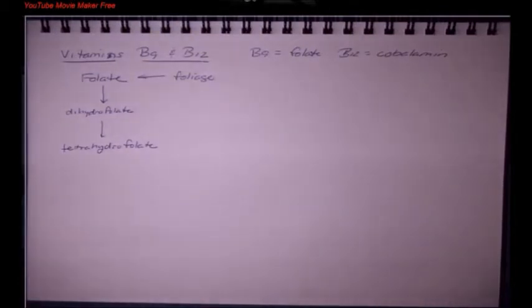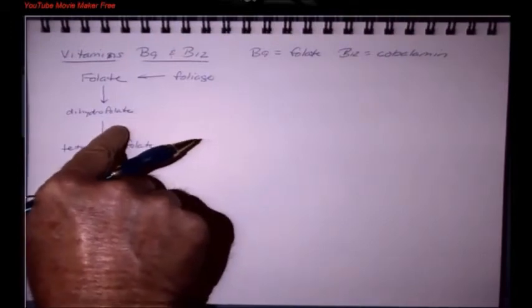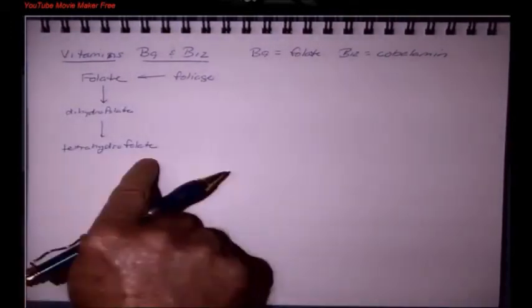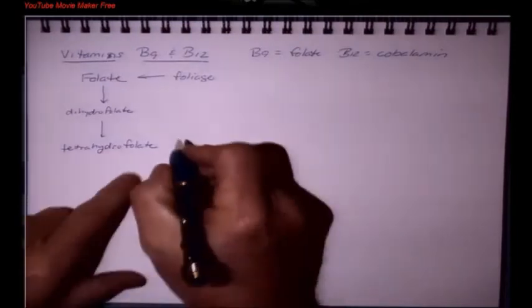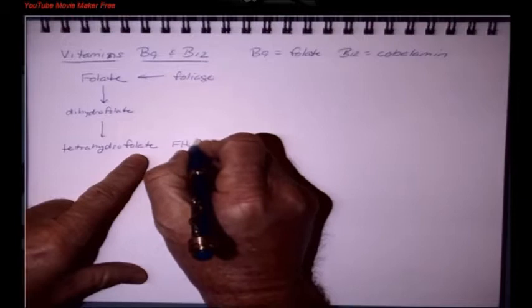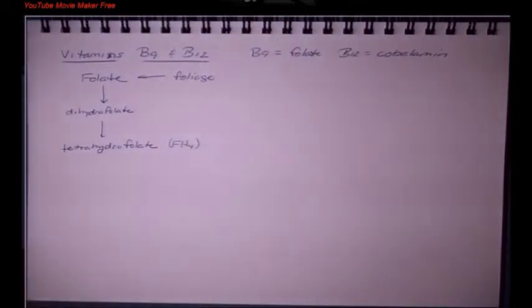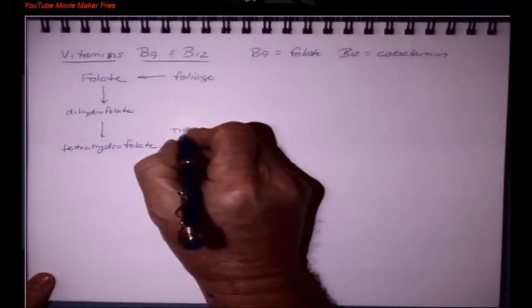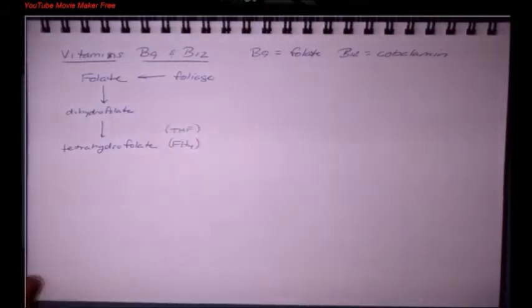So these are both reductive mechanisms, and all we're doing is slightly modifying the folate into this tetrahydrofolate. And I will abbreviate that FH4 for tetrahydrofolate. It's also abbreviated in text, and I think First Aid uses THF for tetrahydrofolate.